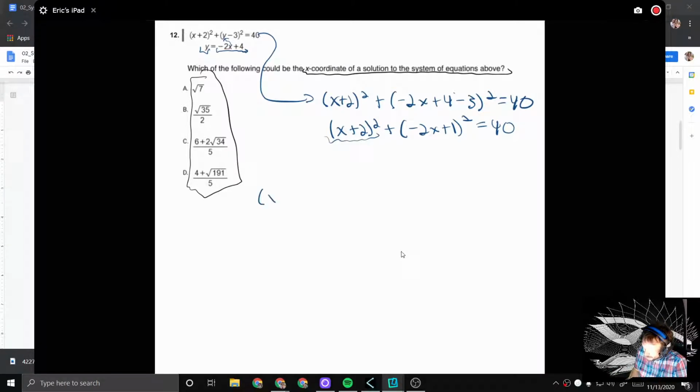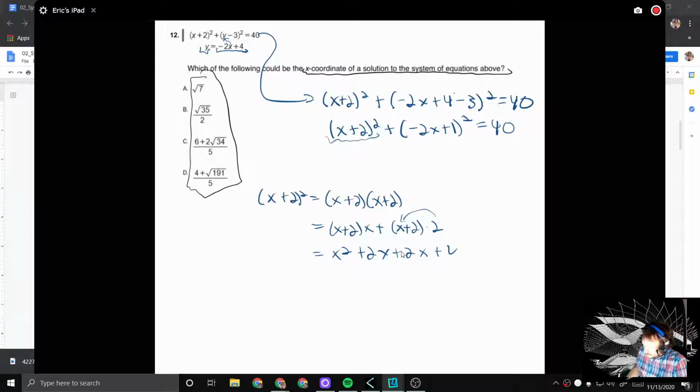It's a good chance to mention what happens when you do x plus 2 squared. You get x plus 2 times x plus 2. You do the expansion we saw earlier today: x plus 2 times x, plus x plus 2 times 2. Expand further: x squared plus 2x plus 2x, distributing the 2, plus 4.